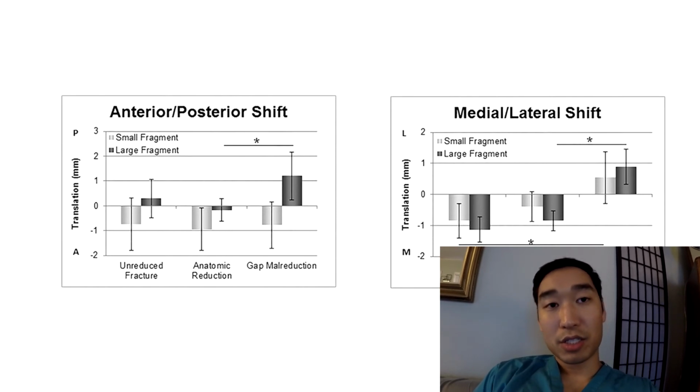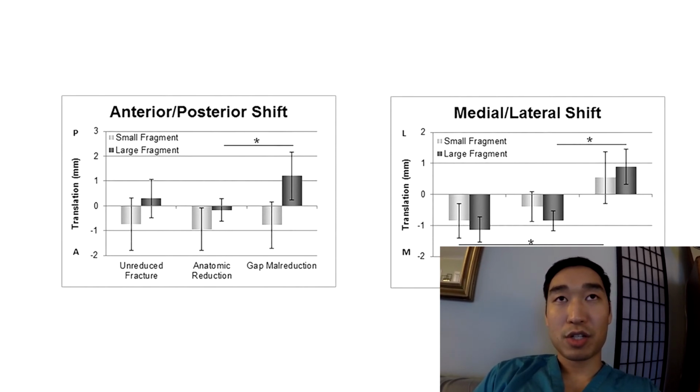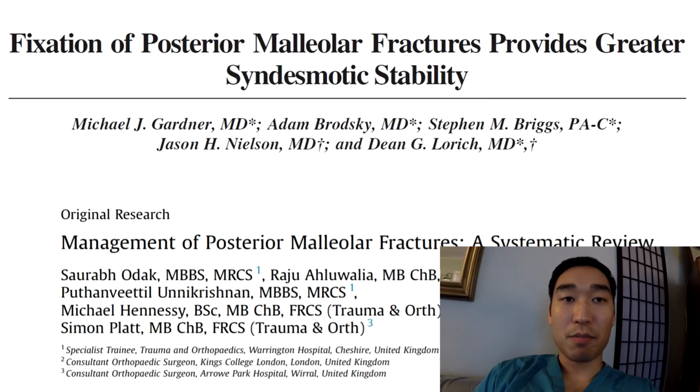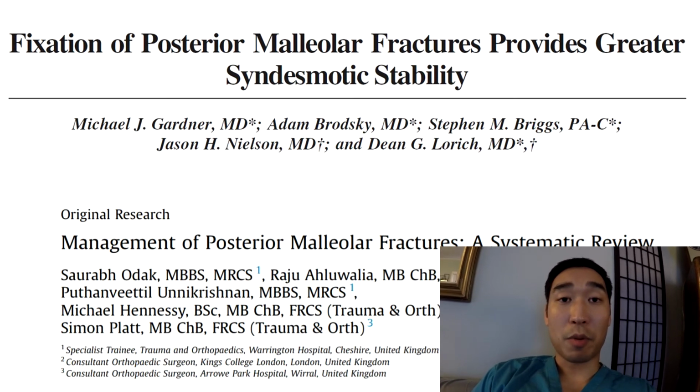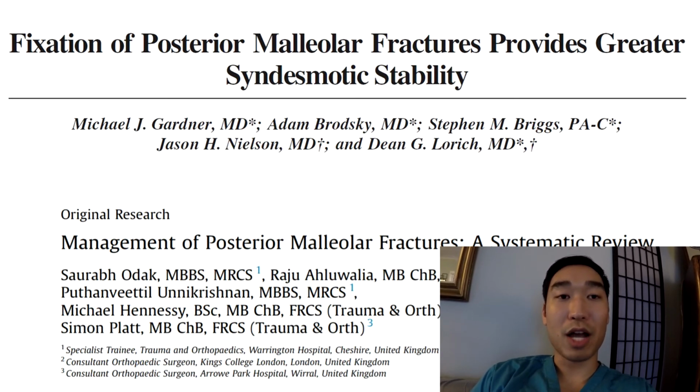And there's literature, a systematic review done by Odak, that reviews in a similar fashion where the severity had nothing to do with the posterior malleolus fracture fragment size. And also there's a paper from Gardner that talks about how you get better syndesmotic stiffness when you reduce the posterior malleolus fracture instead of using the syndesmotic screw, essentially. So this research adds on to that, saying that the fracture fragment size does not really matter.